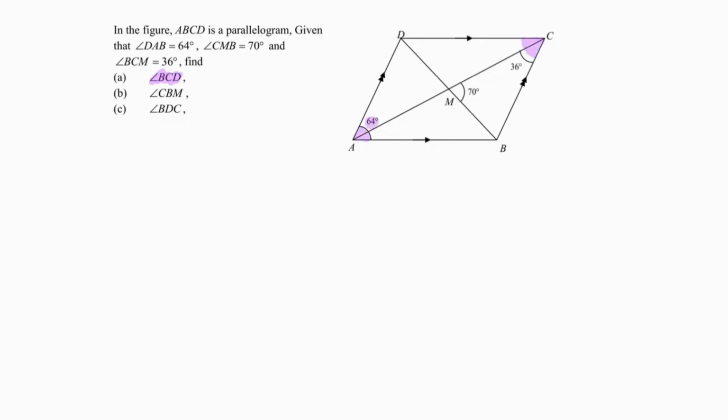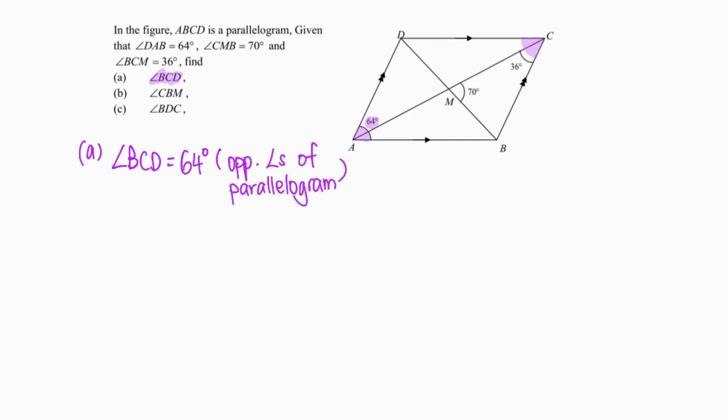Yep, they are opposite angles of a parallelogram. So BCD is equal to 64 degrees, opposite angles of a parallelogram. Done.